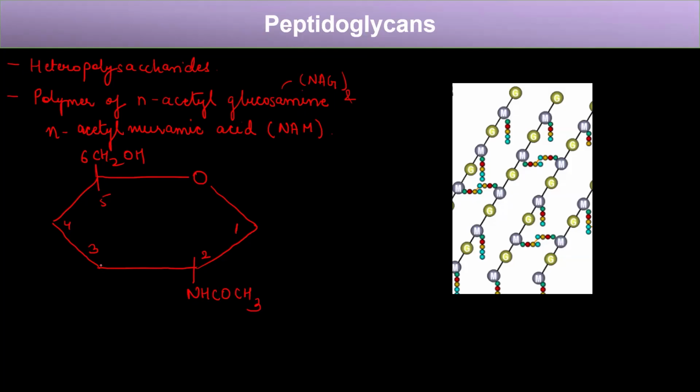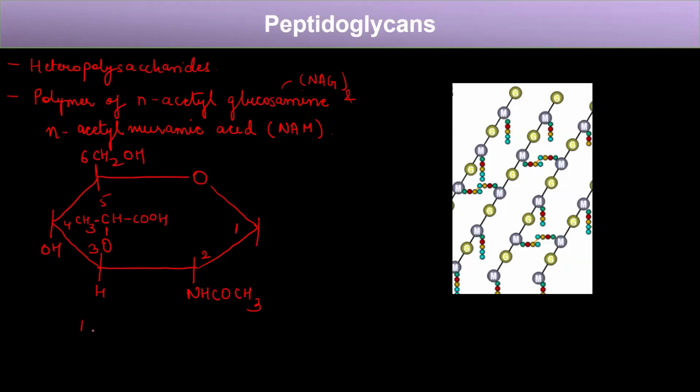Now, in order to make N-acetyl muramic acid, what you'll have to do here, we have O, right? So this O, when it is linked by this muramic acid, then it becomes N-acetyl muramic acid, and the rest will be same, right? The rest will be same.